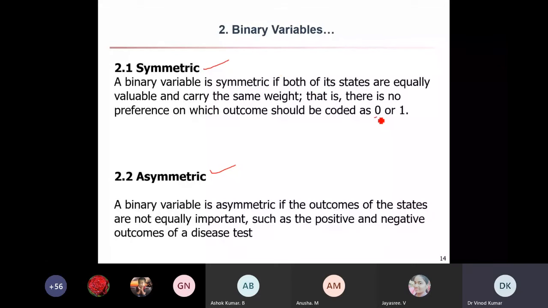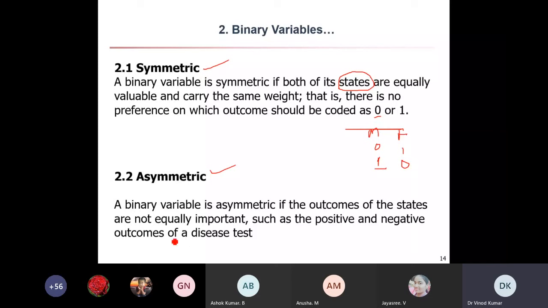There is no difference whether you represent male by 0 and female by 1, or male by 1 and female by 0. It doesn't make any difference because both binary variable states have the same weightage. So those types of binary variables are treated as symmetric variables.